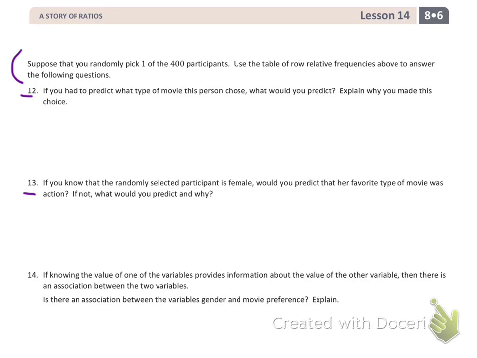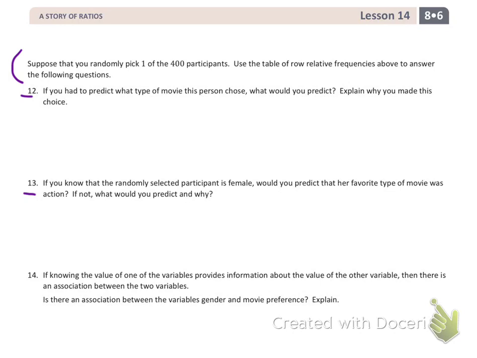If you had to predict what type of movie this person chose, what would you predict? Explain why you made this choice. And then number 13 adds something to that. If you know that the randomly selected participant is female, would you predict that her favorite movie type was action? If not, what would you predict and why?